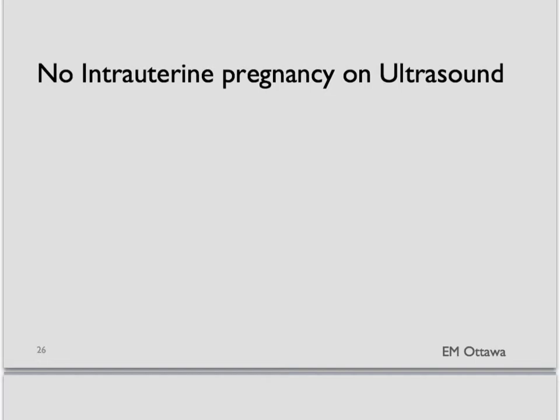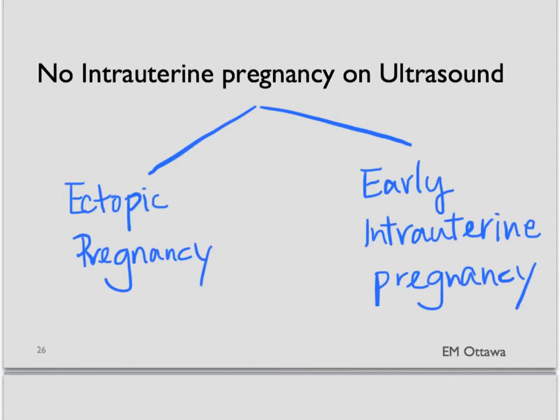What does that mean? It can still mean a non-ruptured ectopic pregnancy, because the patient is stable and there's no free fluid on the bedside ultrasound, or this is simply a very early intrauterine pregnancy that is just too early to pick up on the ultrasound.